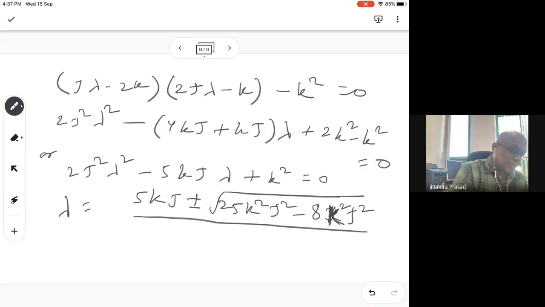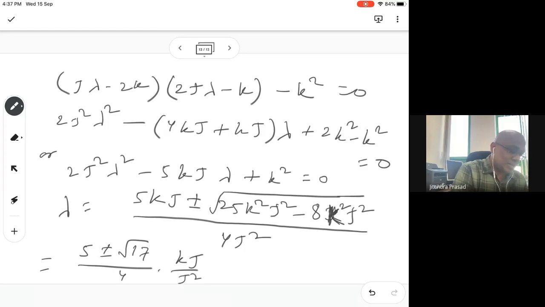Divided by 2a. So here a is this multiplied by 2, so we get 4J squared. There will be two lambdas then. So you will get 5 plus or minus the square root of 25 minus 8, so 17, so you have root 17, divided by 4, and then you have KJ divided by J squared.